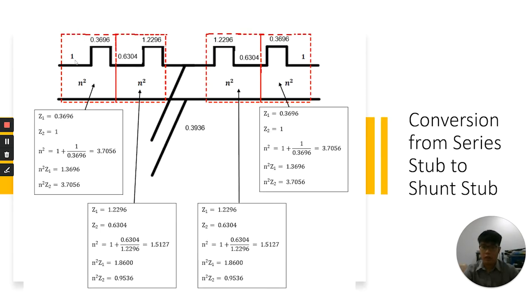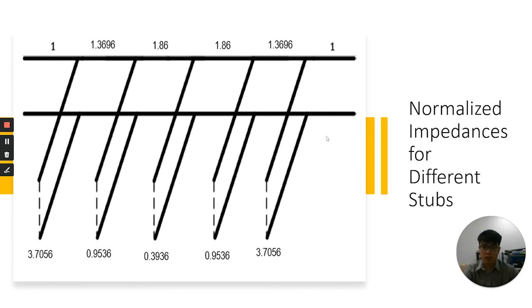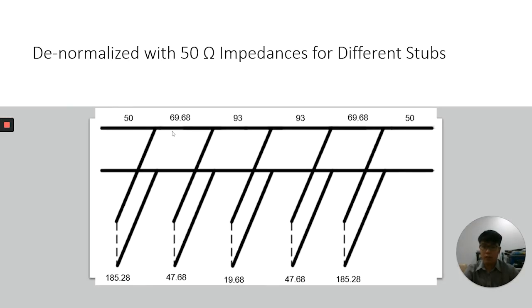And finally, we get the series stub diagram here, and then we convert this series stub to the open circuit shunt stub, which finally looks like this, and this is the normalized impedance open circuit shunt stub diagram. Then we denormalize it by applying 50 ohm impedance to all these values.